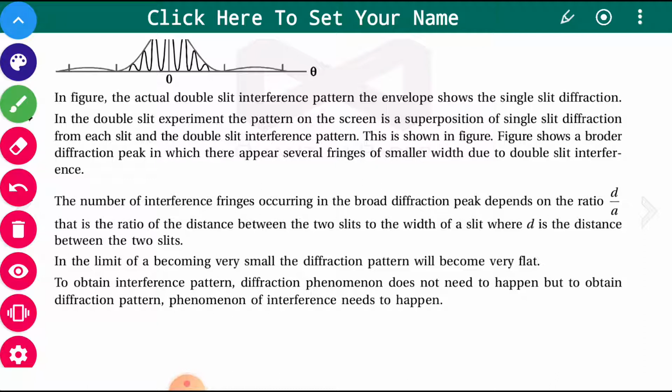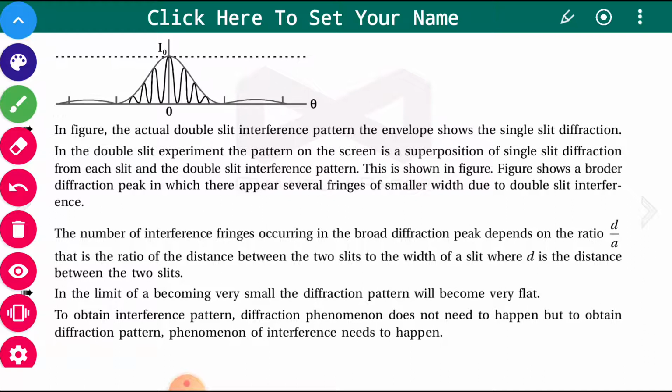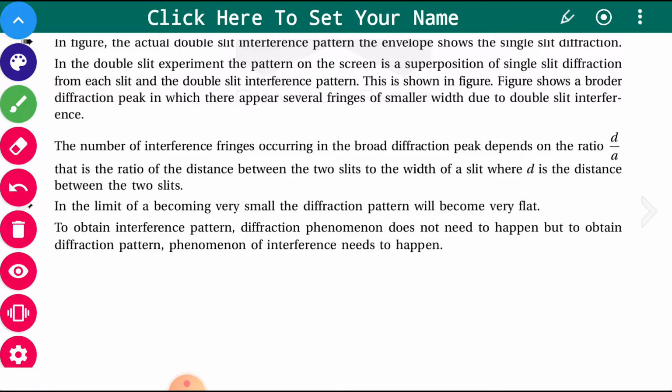The figure shows a broader diffraction peak in which there appear several fringes of smaller width due to double slit interference. The number of interference fringes occurring in the broad diffraction peak depends on the ratio of the distance between the two slits to the width of the slit, that is d upon a.